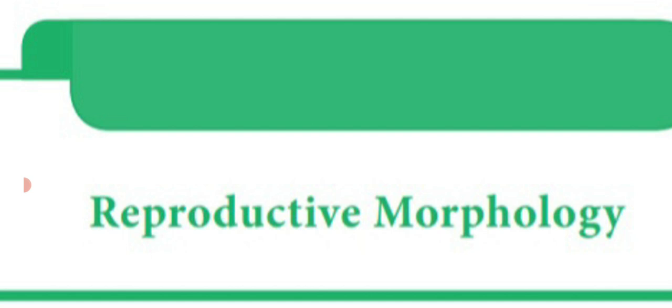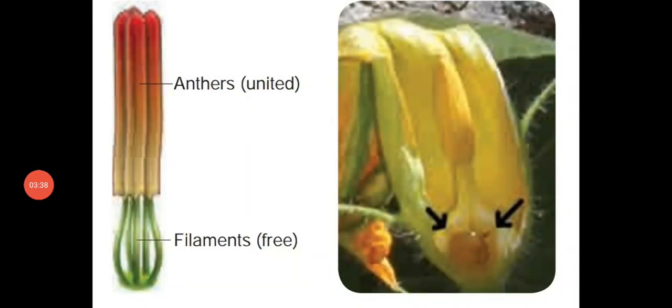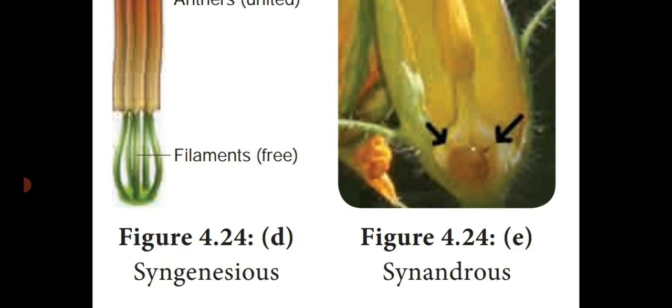Dear students, up to this only we have seen in the previous video class. Now we are going to see another type of fusion of stamen, that is adnate or adnation. Before going to see the adnation, let us look at the last two types of connation. First, syngenesious.